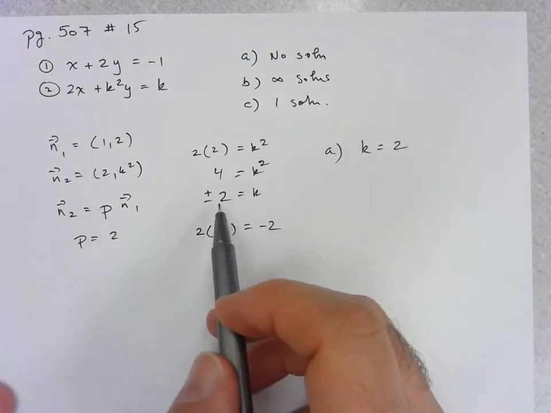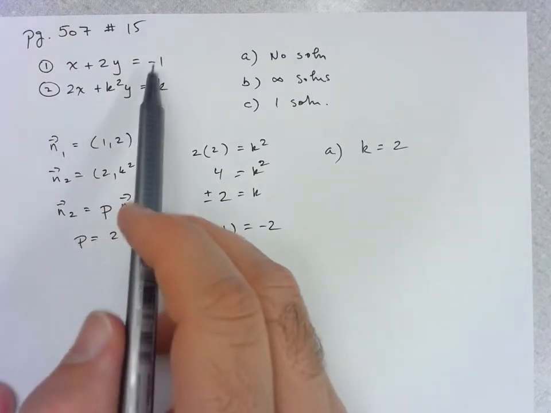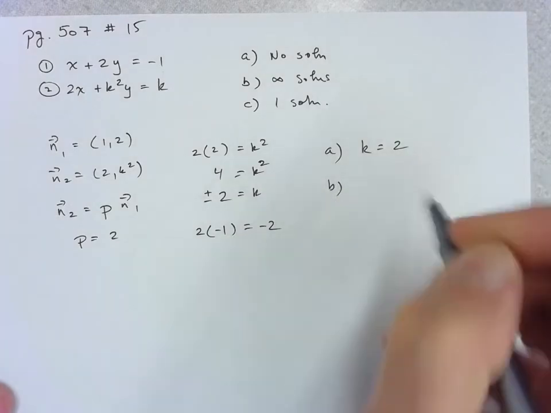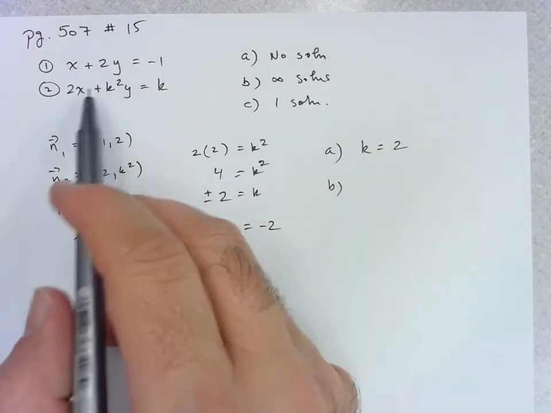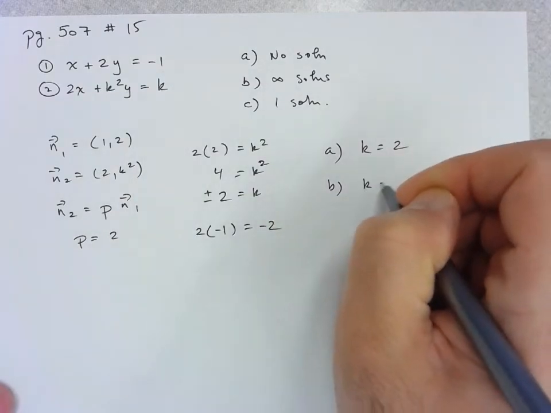So this k value is going to make the two lines parallel, but is going to make these c values have a different connection. Again, in order for it to have infinitely many solutions, the two lines have to be the same. So here the k value has to be equal to negative 2.